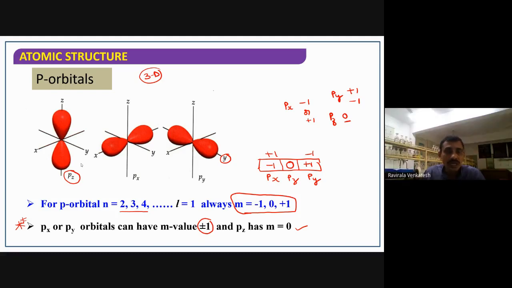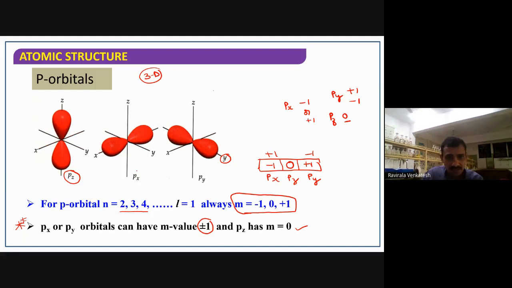So the nodal plane means the plane passing through the node, where the probability of finding the electron is 0. That plane is called the nodal plane. So here the x and y planes are nodal planes, where the probability of finding the electron is 0.